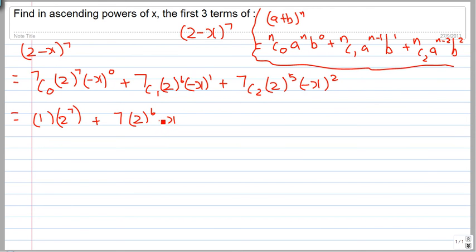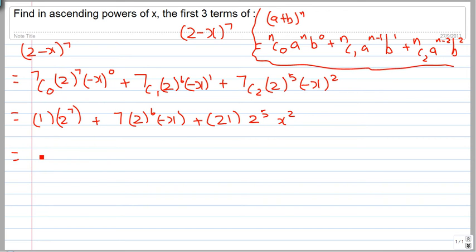Now 7C2, everyone press your calculator, you get 21. And then 2 to the power of 5, minus x to the power of 2 is x squared.